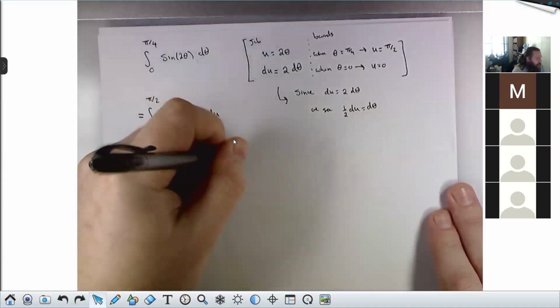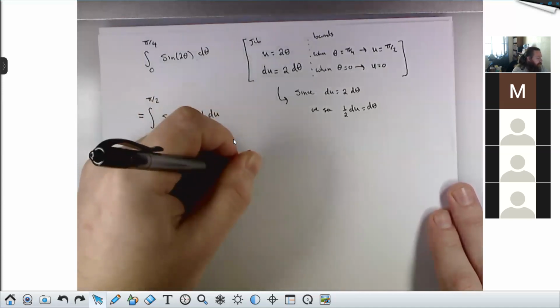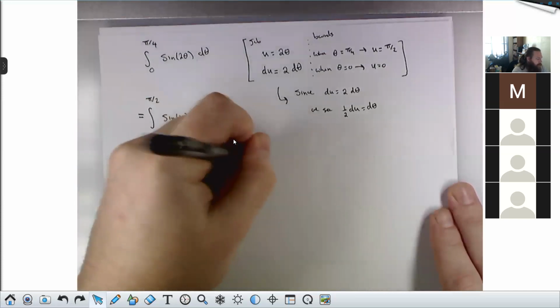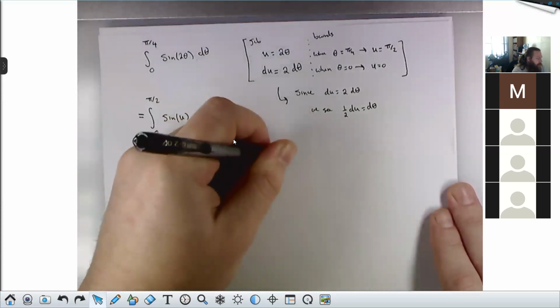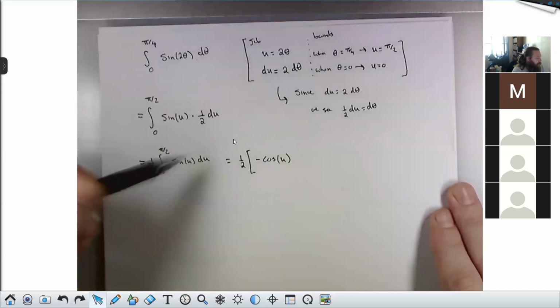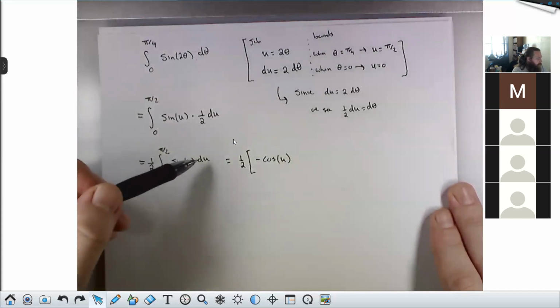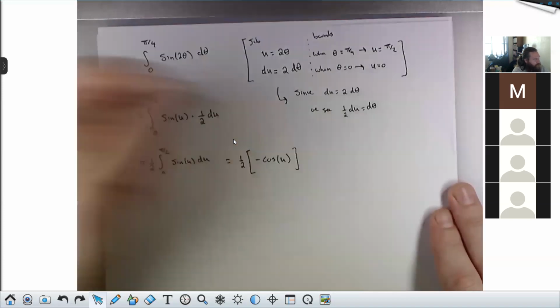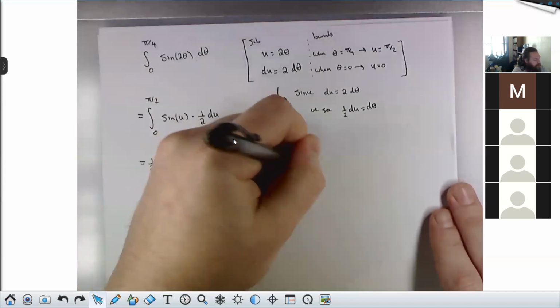We know how to find an antiderivative for the sine function. The derivative of cosine is negative sine, so the antiderivative for sine is negative cosine. And the variables matter here, right? Don't forget to write the variables. It's sine of u, so this is cosine of u. The 1/2 came out, we need to evaluate between bounds.